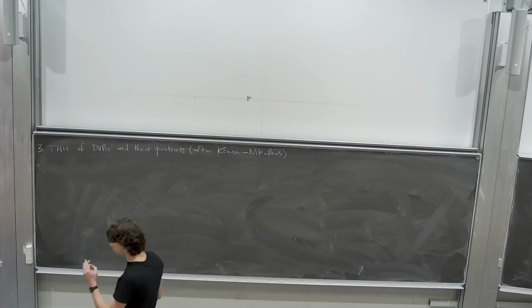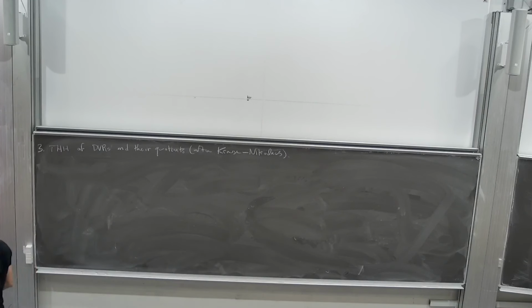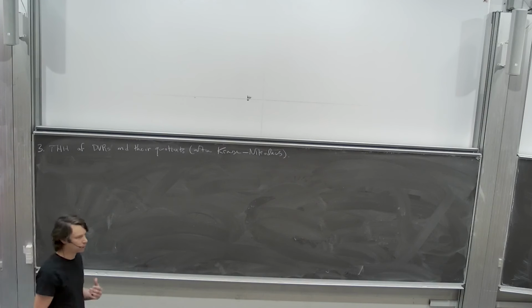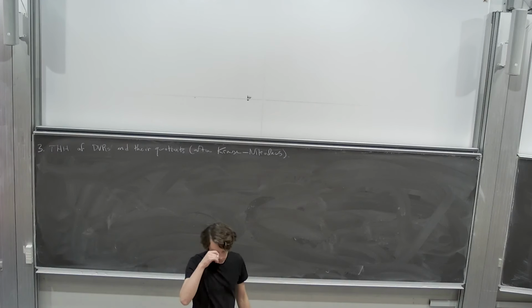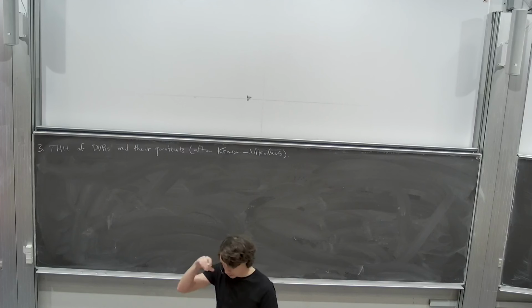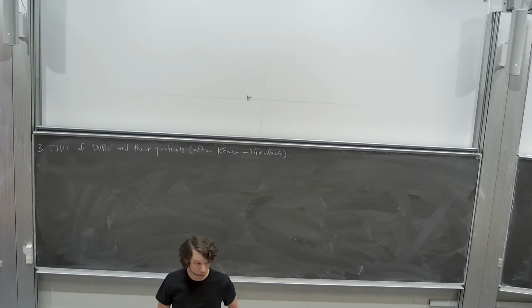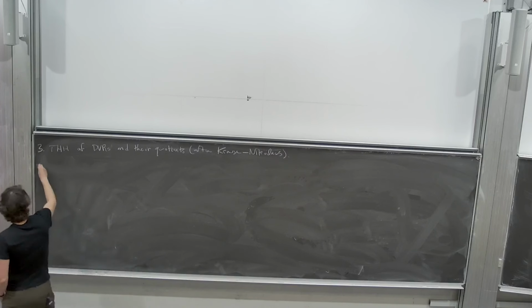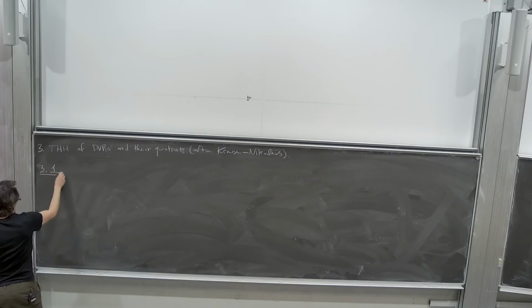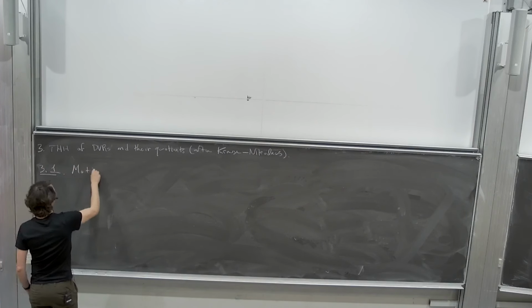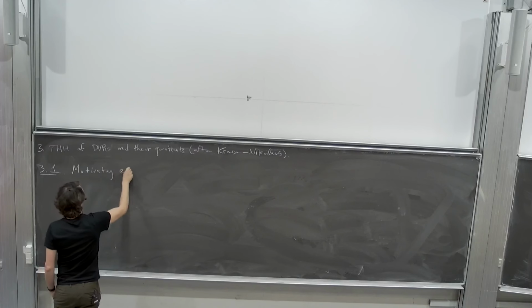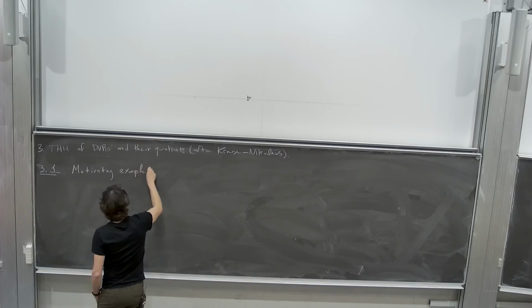And it illustrates, in some sense, a little bit of the philosophy behind this approach to computing K-theory of these finite rings Z mod p^n that we've been working on. So let's consider some motivating examples.